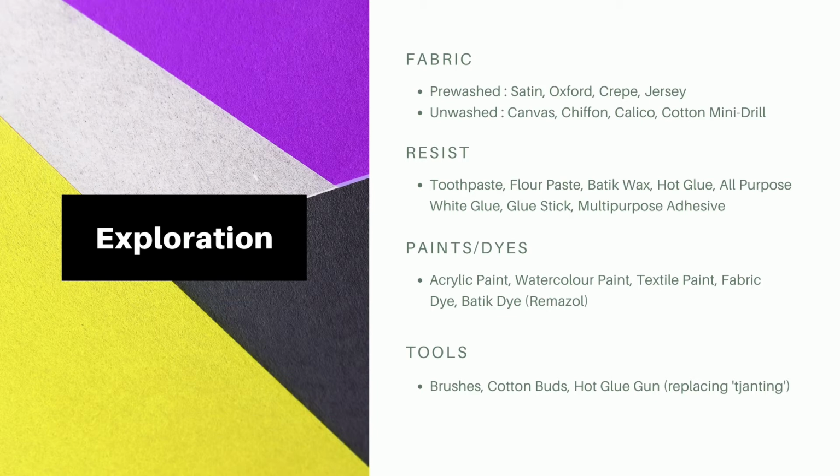As for types of resist, there are toothpaste, flour paste, batik wax, hot glue, all-purpose white glue, glue stick, and multi-purpose adhesive. As for paints or dyes, I have chosen acrylic paint, watercolor paint, textile paint, fabric dye, and batik dye, which is also known as Remazol.